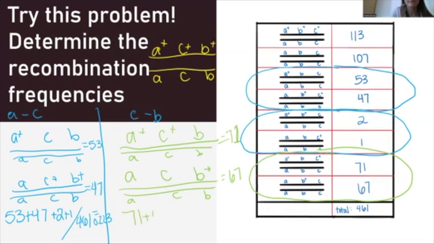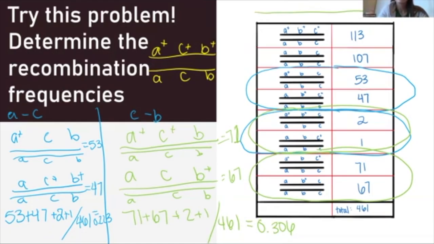So 71 plus 67 plus 2 plus 1 divided by 461. You should get 0.306. So if I were to draw just a little chain with A, B, and C, the recombination frequency between A and C would be 0.223, and between C and B, the recombination frequency is 0.306.